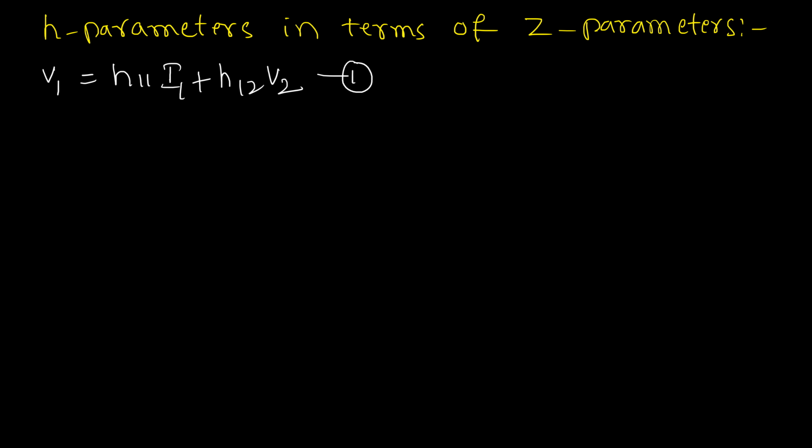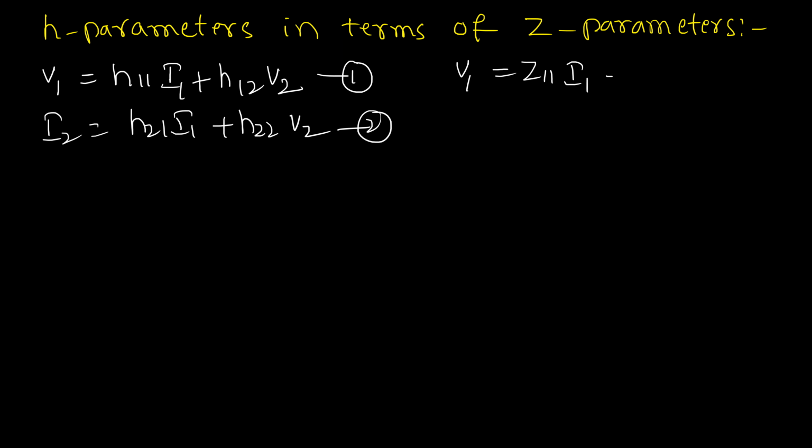First equation. Now I2 equal to H21 into I1 plus H22 into V2. So second equation. Now write the Z parameter equations also. V1 equal to Z11 into I1 plus Z12 into I2. Call it as 3.